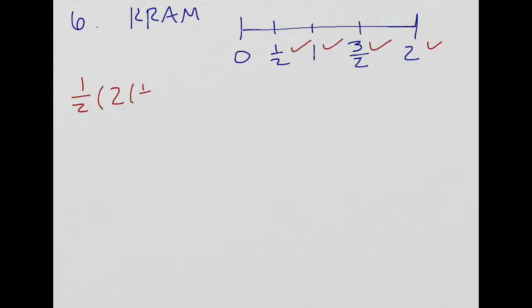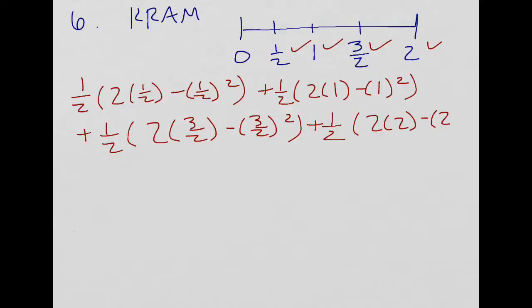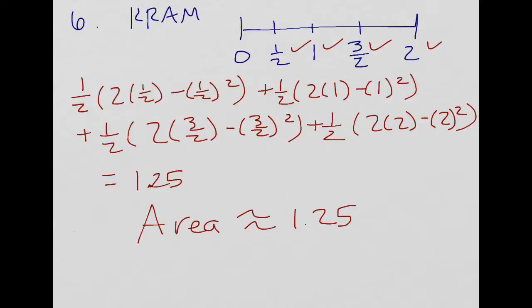So it'd be 2 times 1/2 minus 1/2 squared plus 1/2. 2 times 1 minus 1 squared plus 1/2. 2 times 3/2 minus 3/2 squared plus 1/2. 2 times 2 minus 2 squared. And I also got 1.25 for that one. So the area is approximately 1.25.